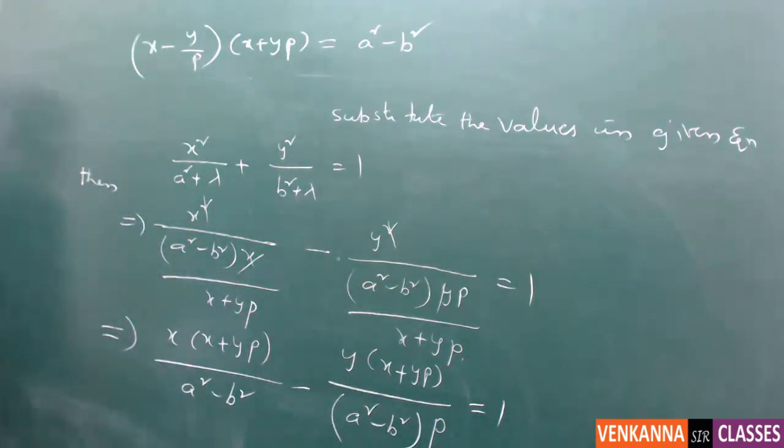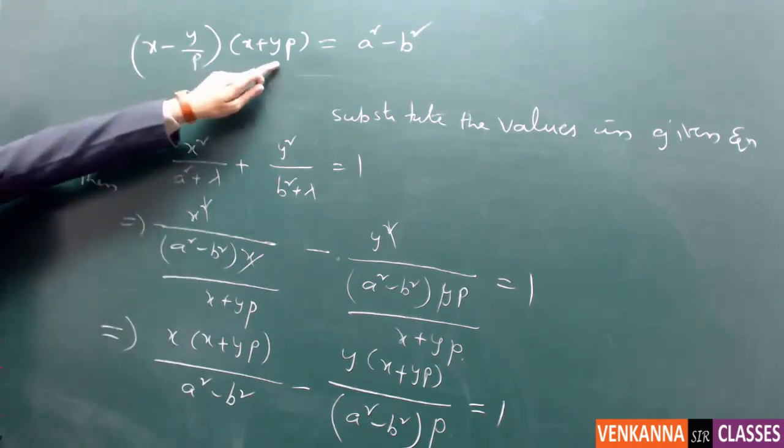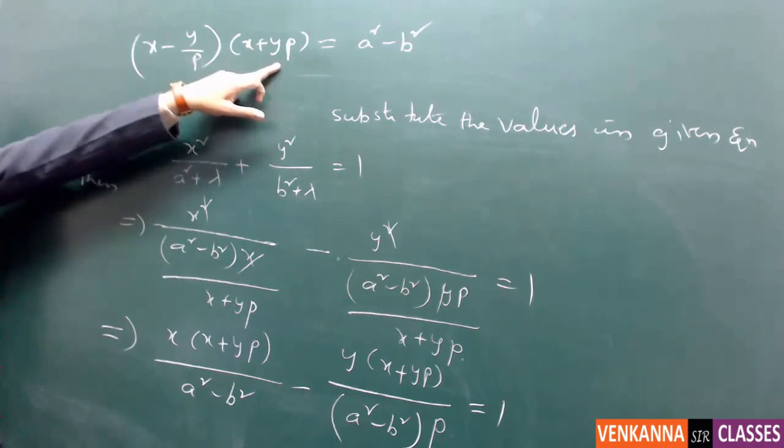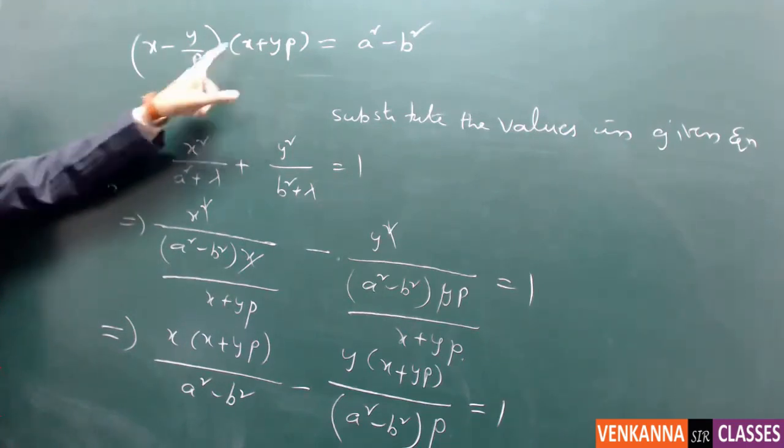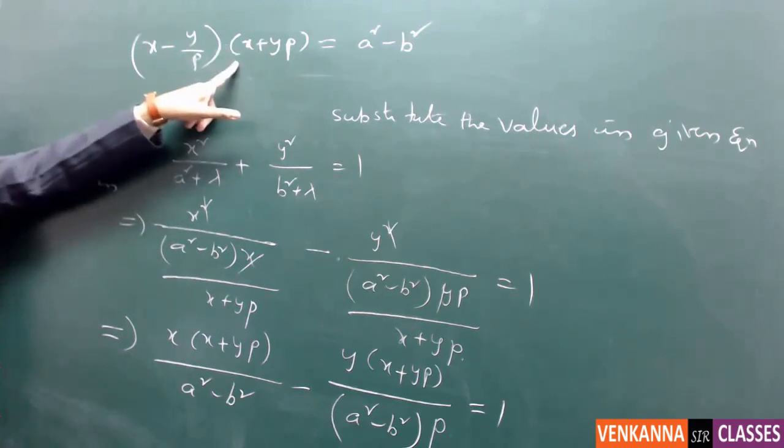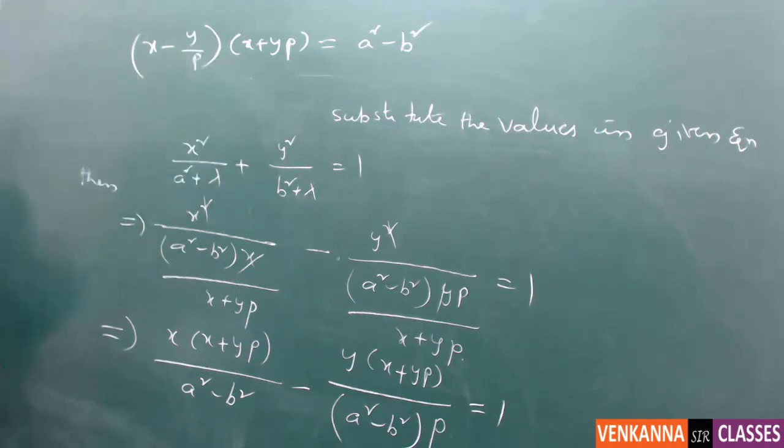So here you can observe that the given parameter lambda is completely eliminated and p is nothing but the differential dy by dx. So it is our required differential equation. Accepted?